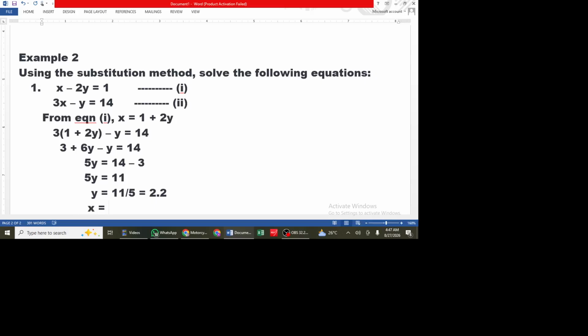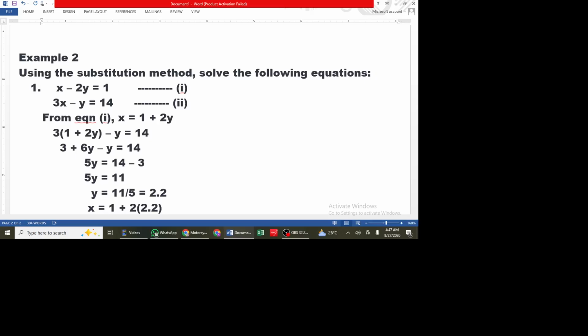is equal to 1 plus 2 into bracket the value of y, 2.2.